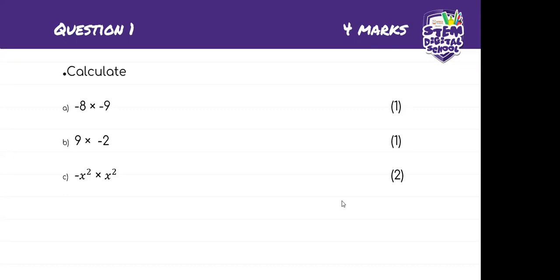Negative x squared, for instance, and x squared. So one is negative, the other one is positive. So when you multiply the two, this is the same as multiplying a negative number with a positive number. So the answer will be negative.